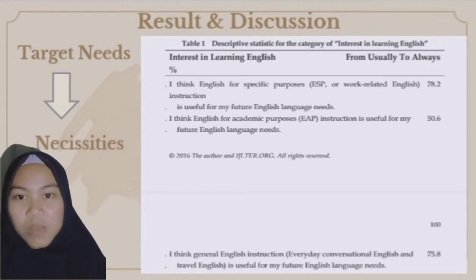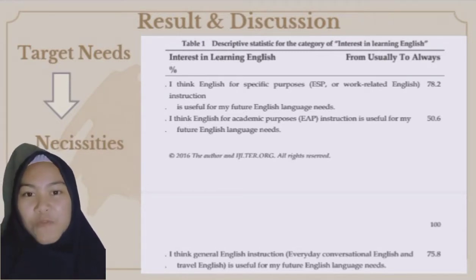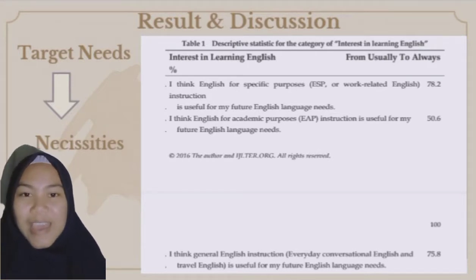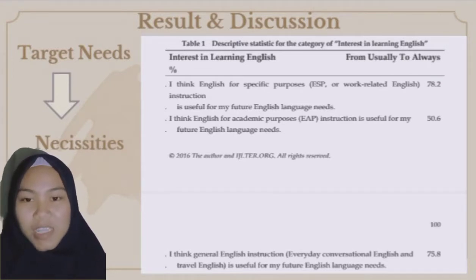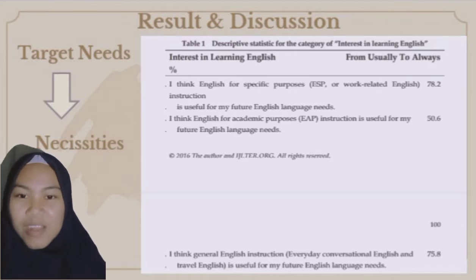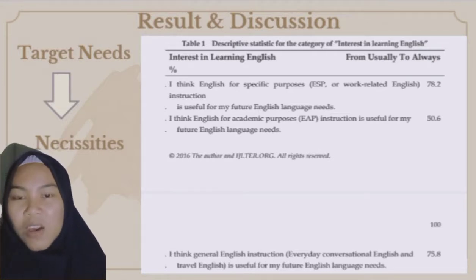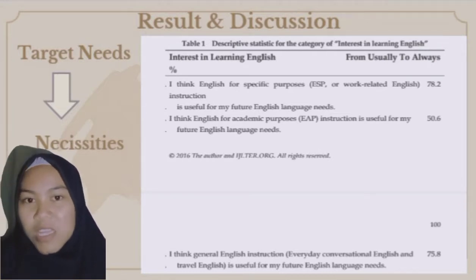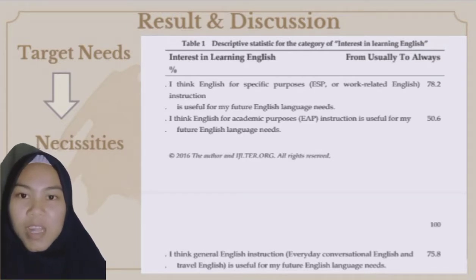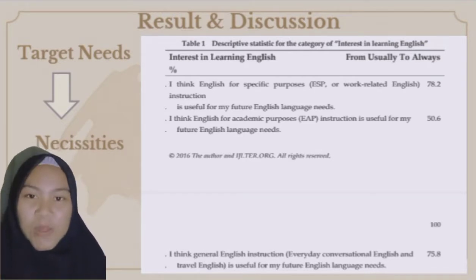The second statement is, I think English for academic purposes, or EAP, instruction is useful for my future English language needs. And the last statement is, I think general English instruction, or everyday conversational English and travel English, is useful for my future English language needs. That is about necessities, shown in the journal article with three statements.